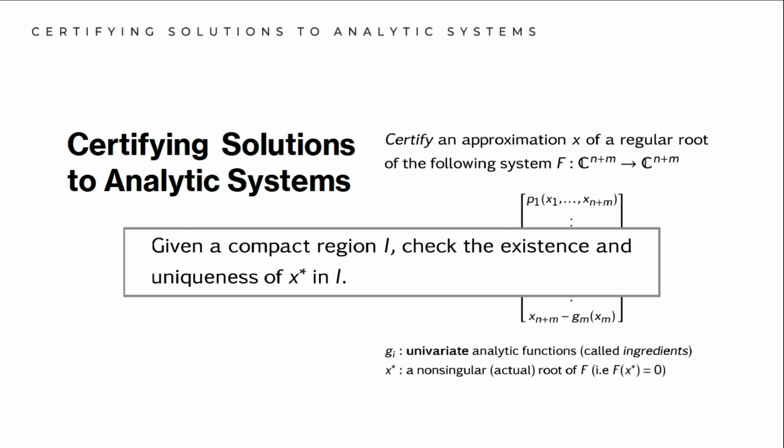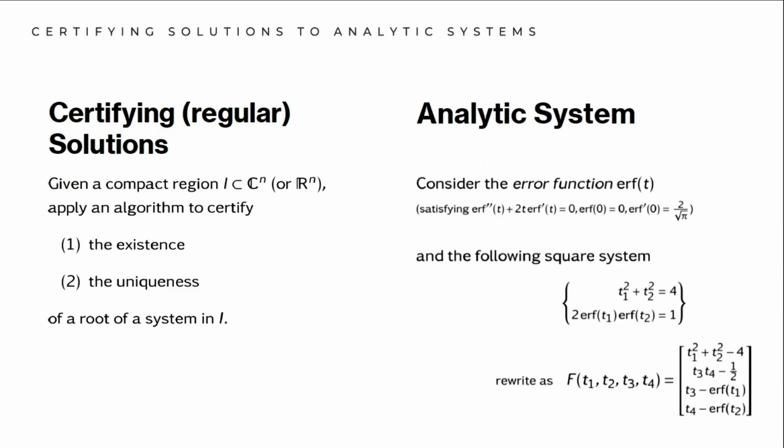Then our system becomes a polynomial system, because we just, of course, truncate it, computing only finitely many terms of the Taylor expansion. How many?